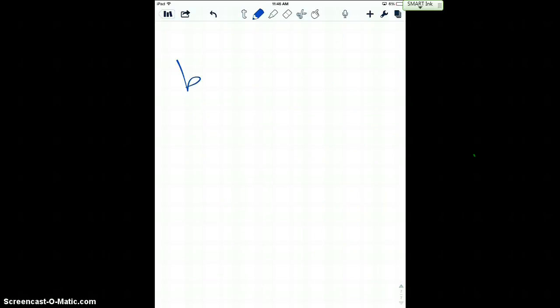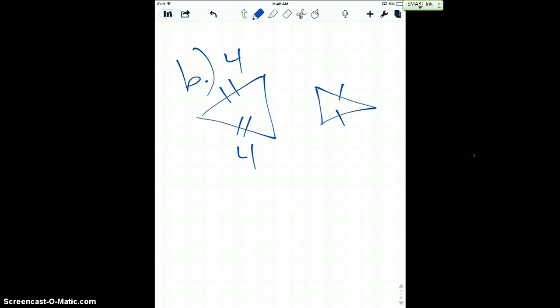In part B, are those two triangles similar? Well, I'm seeing I have two sides that are the exact same size and two sides that are the exact same size. So let's say that's 4 and that's 4 and that's, I don't know, 1 and 1. Would those be in proportion with each other?